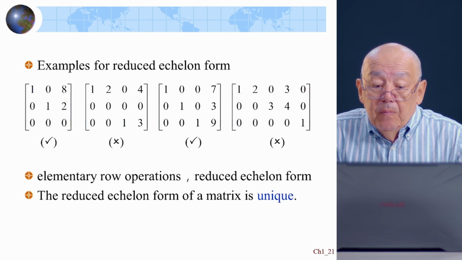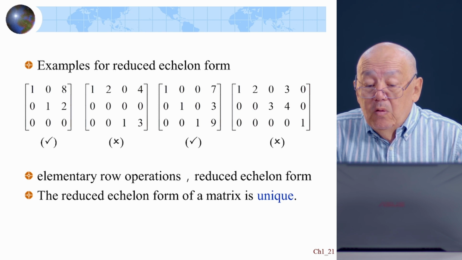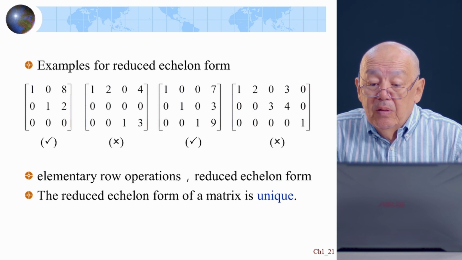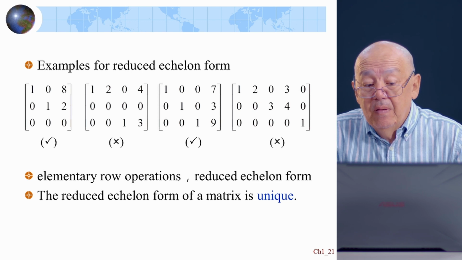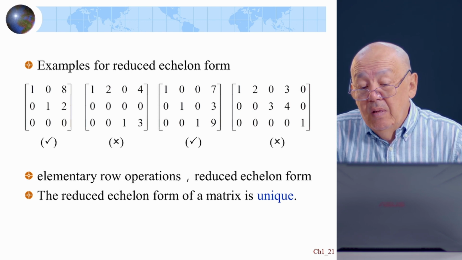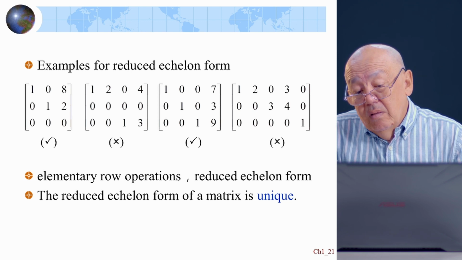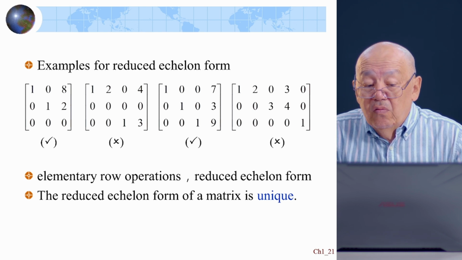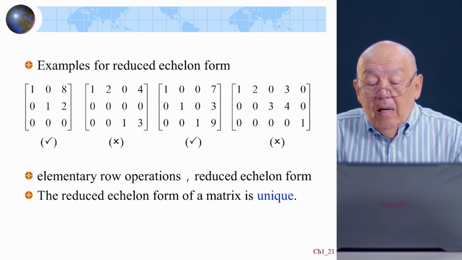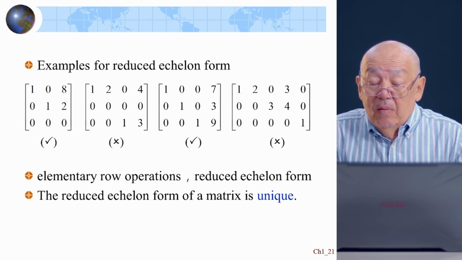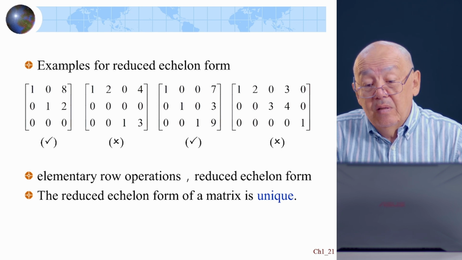Some notions you should memorize during this Gauss-Jordan elimination method are elementary row operations, 3 kinds of operations you should remember. Another notion is reduced echelon form. You should know clearly what the reduced echelon form of a matrix is. Also, you should know that the reduced echelon form of a matrix is unique.